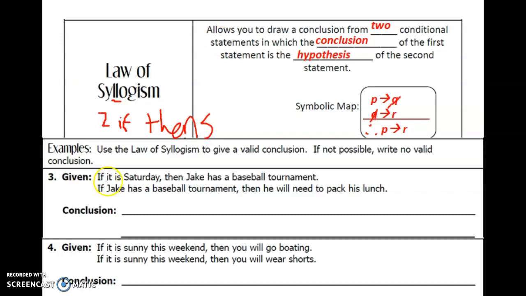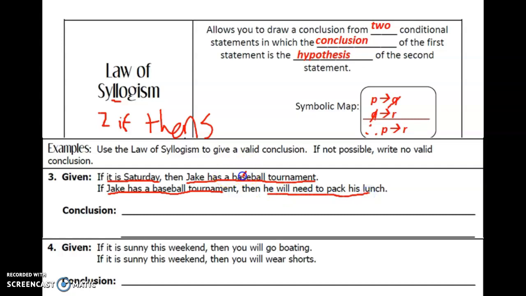Number three, if it is Saturday, that's our P, it is Saturday, then Q, Jake has a baseball tournament. So we have an if-then. Now I need that conclusion, Jake has a baseball tournament, to be the start of my second if-then. If Jake has a baseball tournament, those are the same, they match, then he will need to pack his lunch.